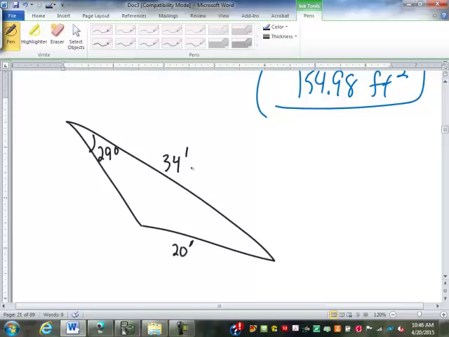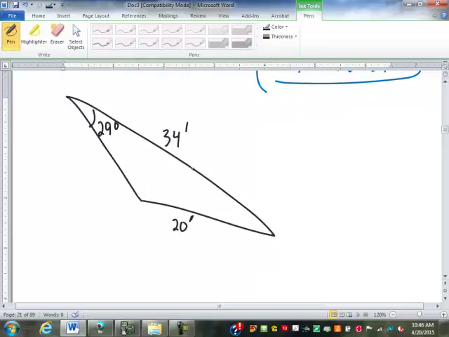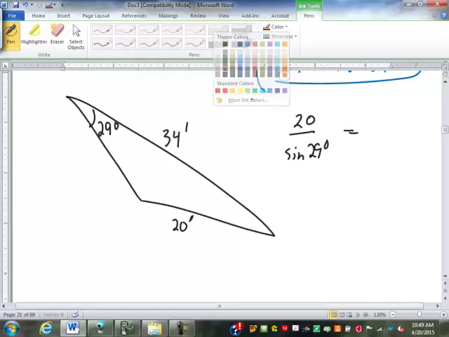Find the area of this one. Cross multiply. So 20 over the sine of 29 degrees. I'm going to label my angles here.